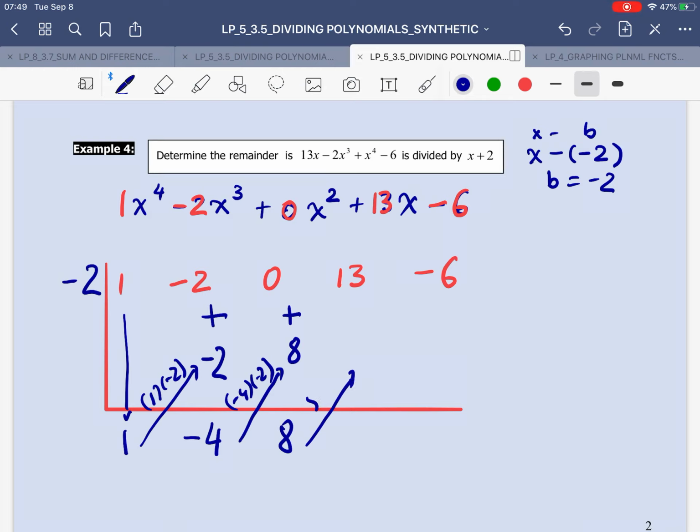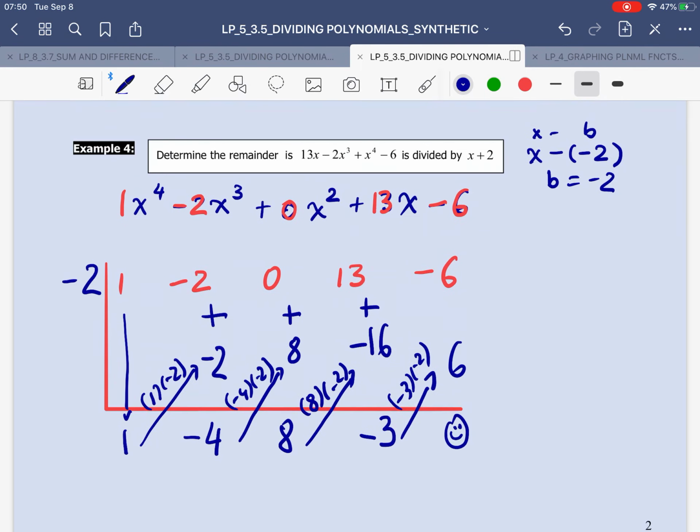Now this time we're multiplying 8 by negative 2, which gives negative 16. Add. The sum is negative 3. And now we multiply negative 3 by negative 2, which is 6. Negative 6 plus 6 equals 0. So in this case, we have no remainder.